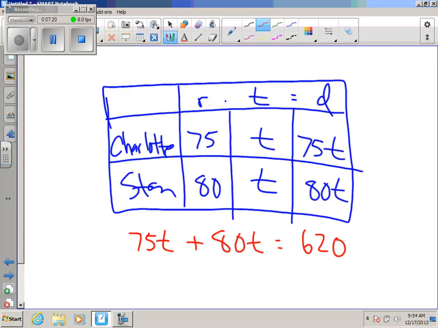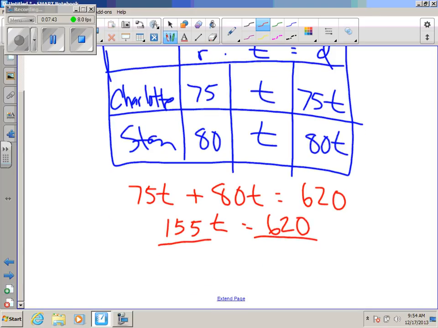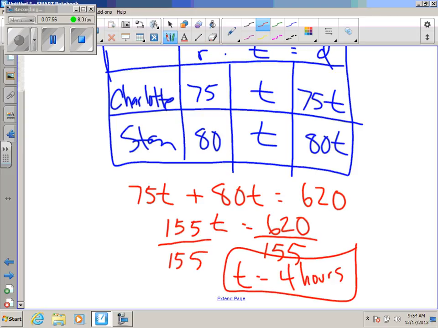Do we have like terms which we can add together? Yes, we do. 75 plus 80 should give us 155T equals 620. Divide both sides by 155, and we're looking at 4 hours.